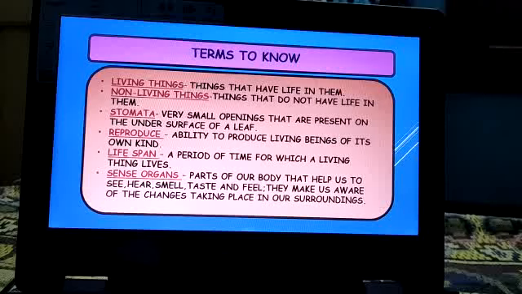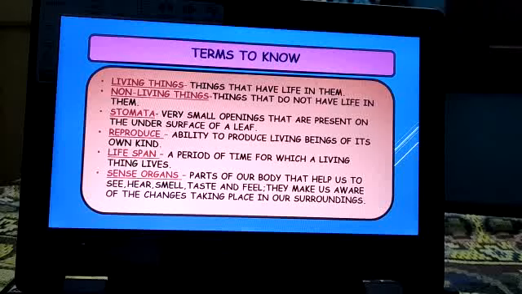Let's see once again. Living things: those that have life in them. Non-living things: those that do not have life in them. Third is stomata, very important, students. Very small openings that are present on the under surface of a leaf are called stomata. Next term is reproduce. Ability to produce living beings of its own kind is called reproduce.